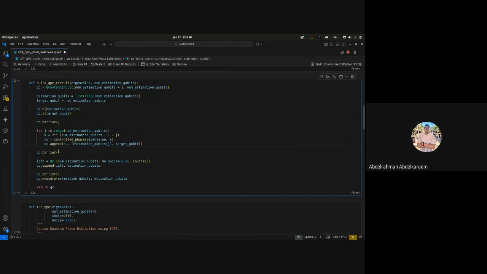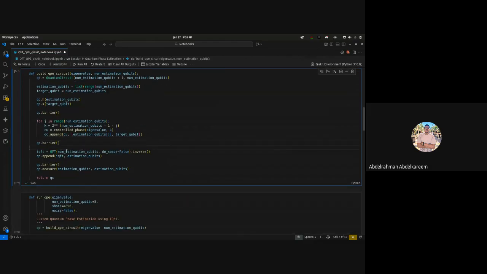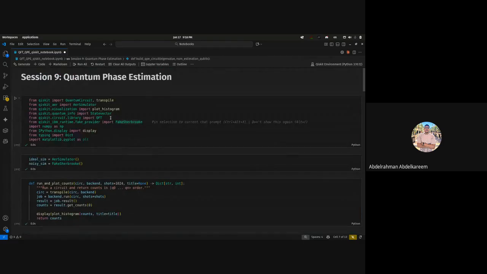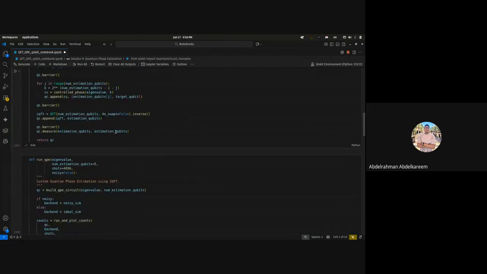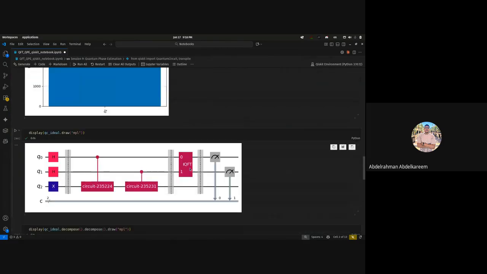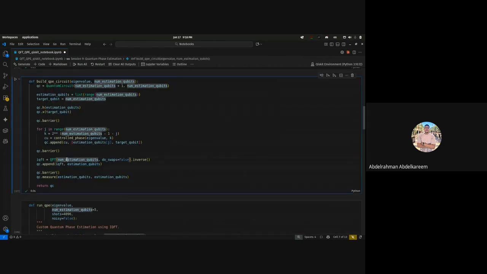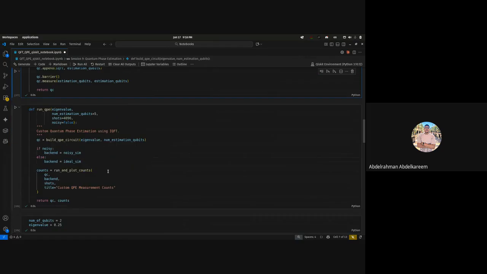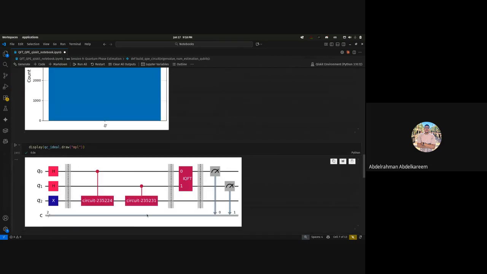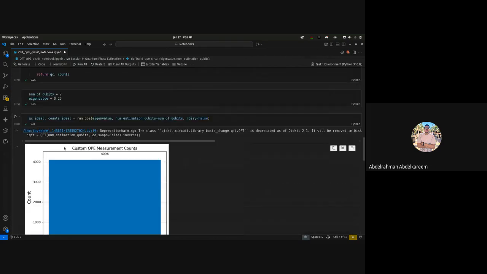Exit. Okay. For the QFT part, I have used the QFT built-in function. But in our case, in QPE, we need the inverse. So we call the QFT with the number of estimation qubits, and we do the inverse, which is the inverse quantum Fourier transform. Here I do swaps, I set it false, as the ordering in Qiskit is reversed for our case.